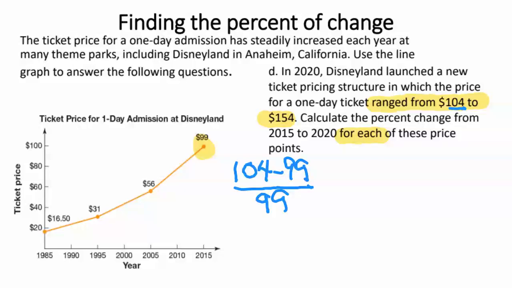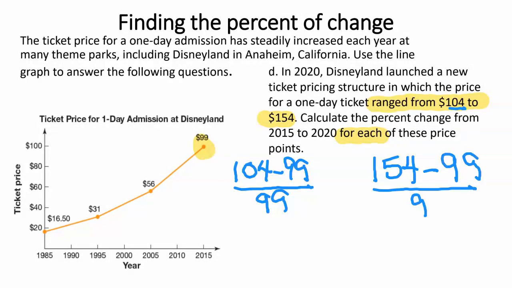Then we're going to do 154 minus 99 over 99. Each one has to be done because for each, there's 2 answers. We have a low end, we have a high end.